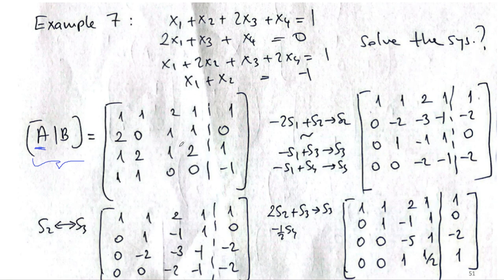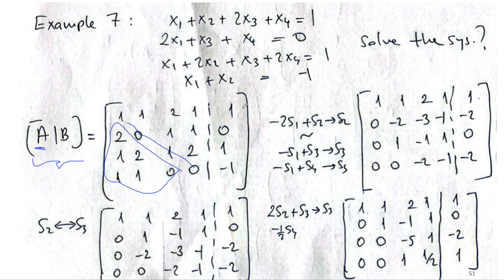This is the so-called augmented matrix. And from here, you will do your row operations to make sure the coefficients below the diagonals become equal to 0. We can only achieve that by doing these row operations.